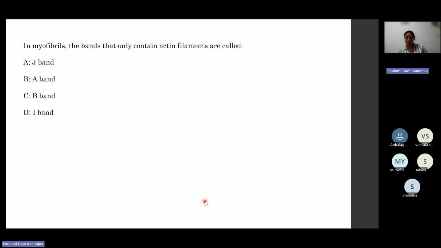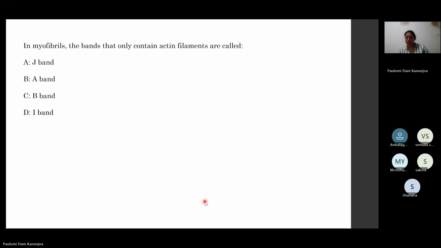Where was that band where I showed you only actin filament? I band.